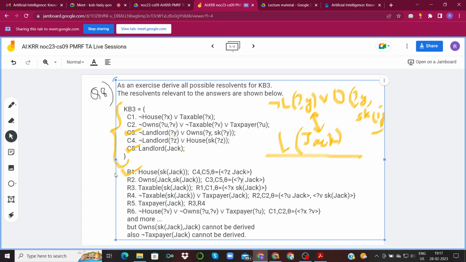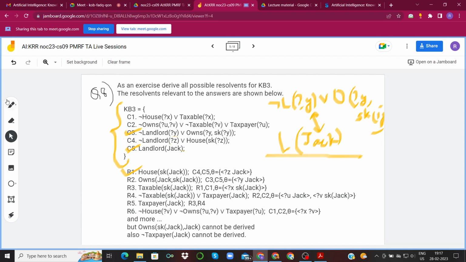Yes, this is to be a Y. So we replace Y with Jack, and what we get is owns Jack and SK Jack, which is the second resolvent over here. Let me just remove this.